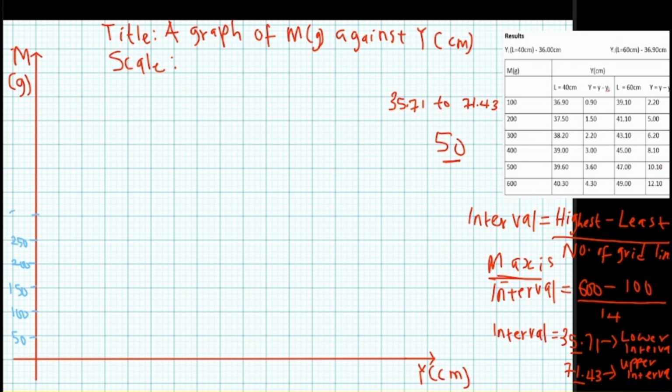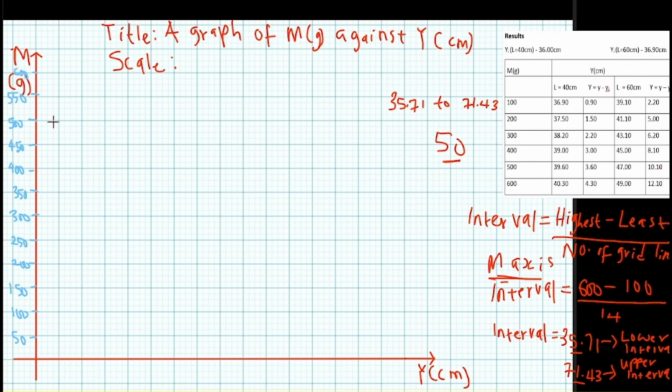Next we have 300, 350, 400, 450, 500, 550, then finally 600.